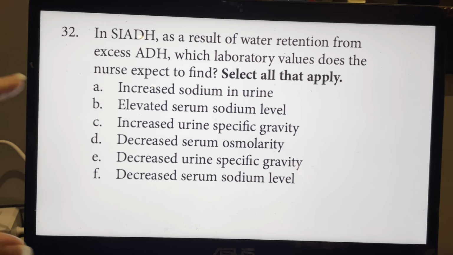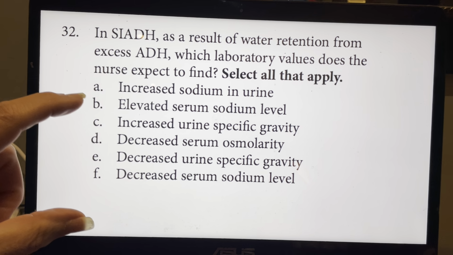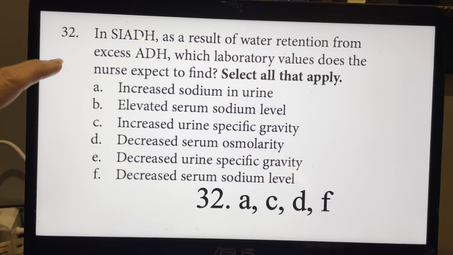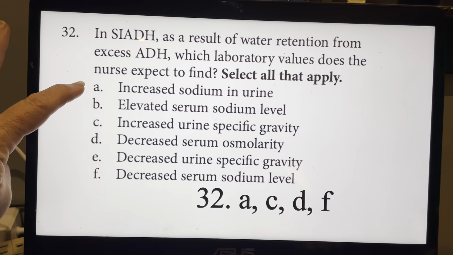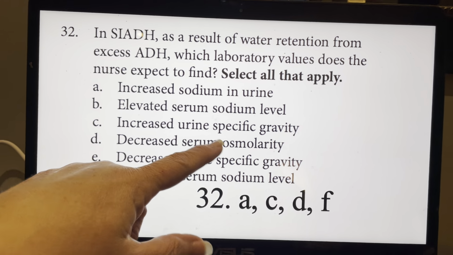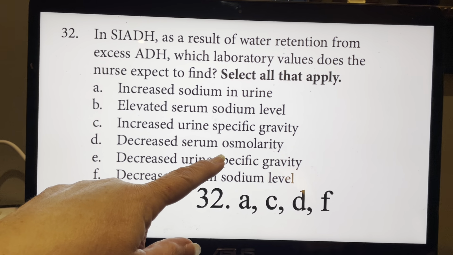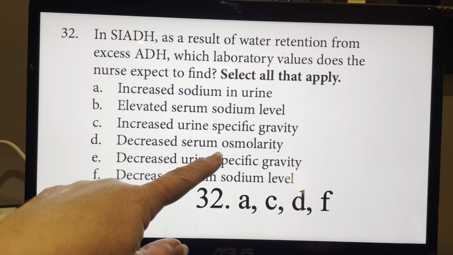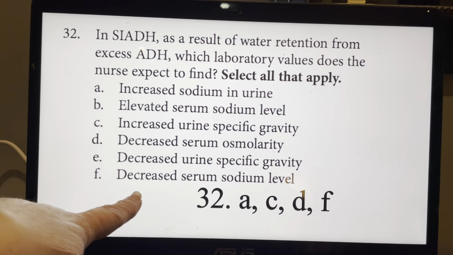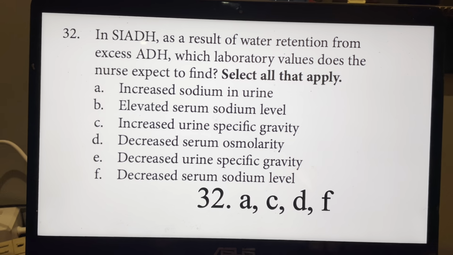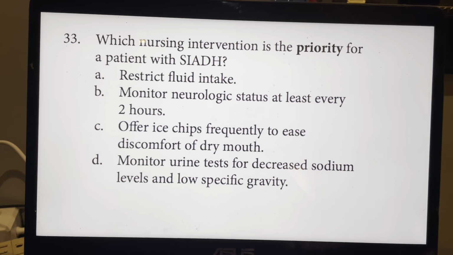And whatever he's peeing, he ain't peeing much, but what he's peeing is dadgummit thick. Got your answer? Increased sodium in the urine, increased urine specific gravity because what he's peeing is thick, decreased serum osmolality because it's holding all the water and everything's diluted, and decreased serum sodium level because it's diluted.